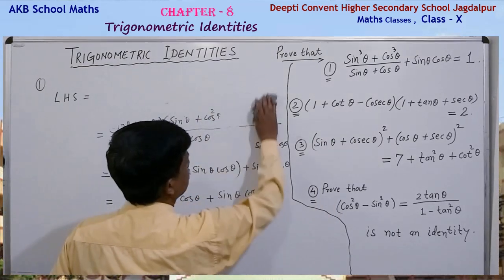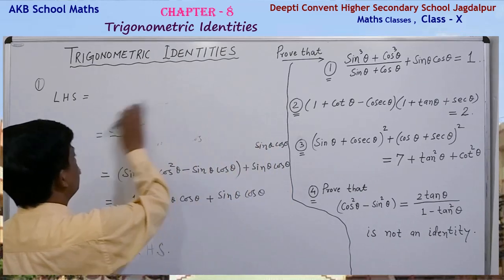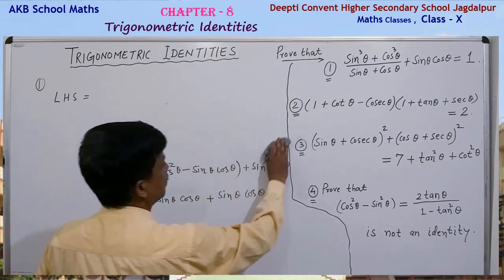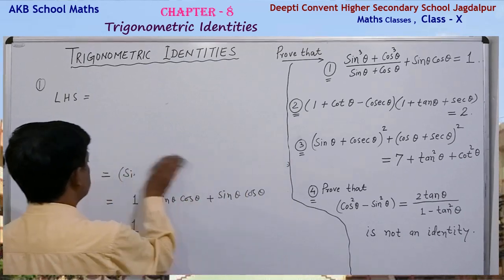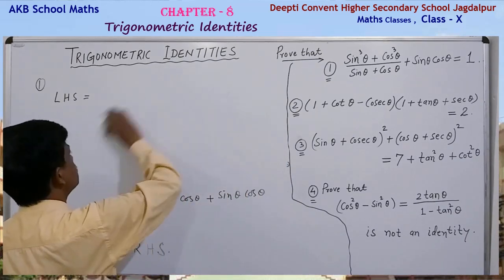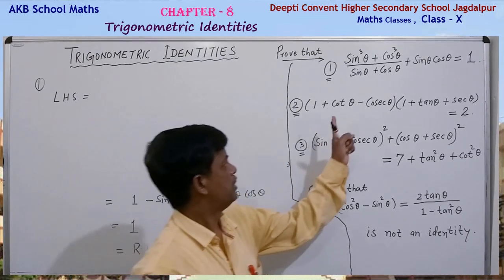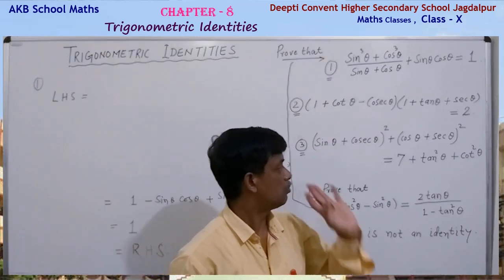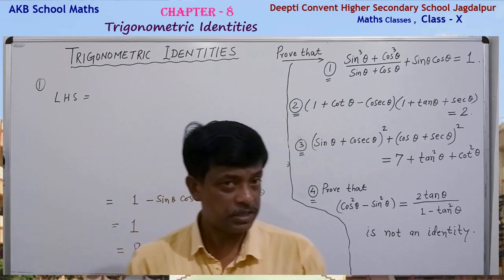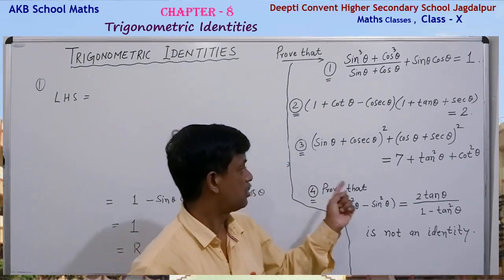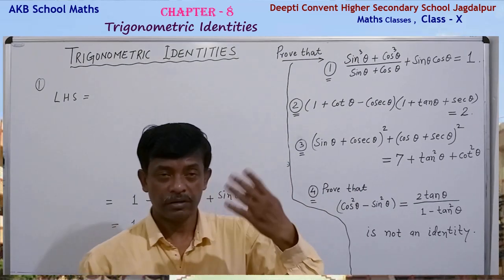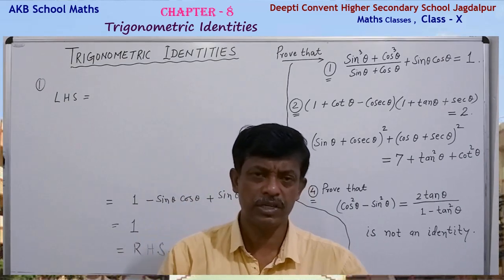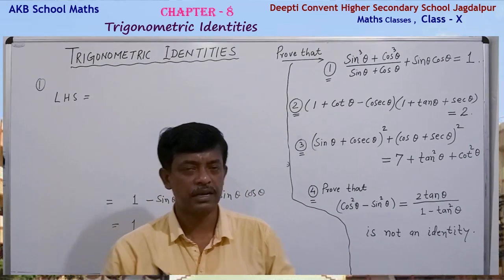Second question: 1 plus cot theta minus cosec theta. For solving any type of question, our first preference is to convert tan and cot, every ratio, in terms of sin and cos.